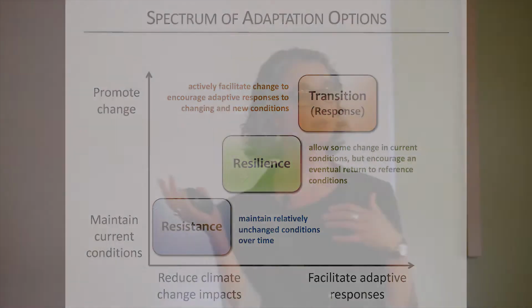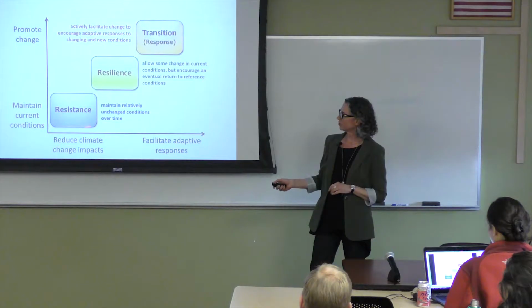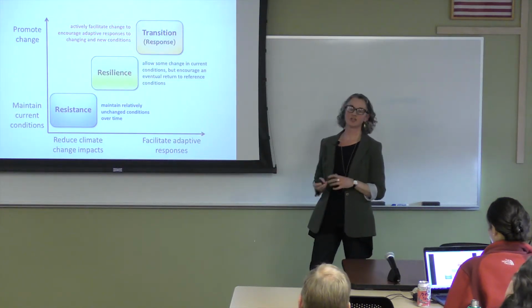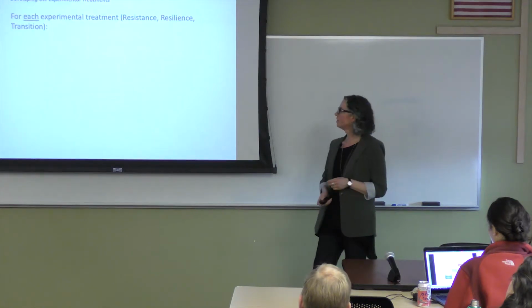And this is a term that we use a lot, resilience. And so we want an eventual return to a desired condition, and then transition. We're actively facilitating change and adaptive responses to new conditions into the future. So again, a spectrum from basically wanting to maintain what we have to actively changing that system for the future.